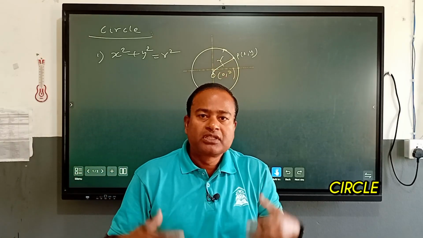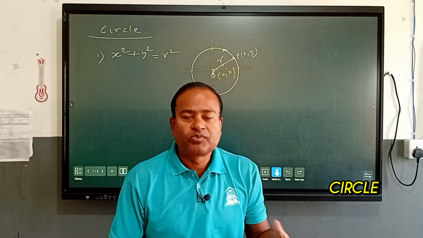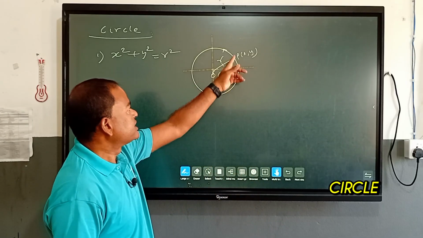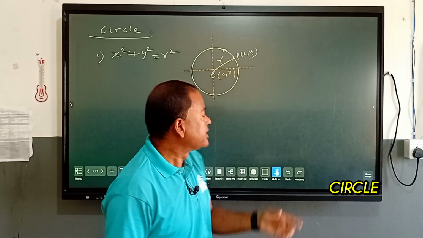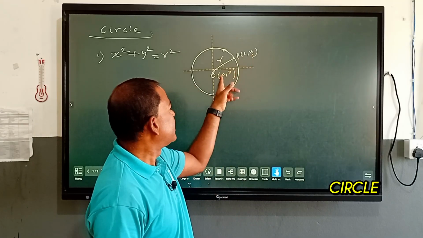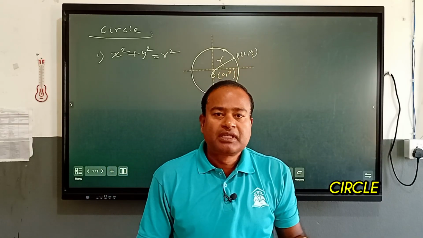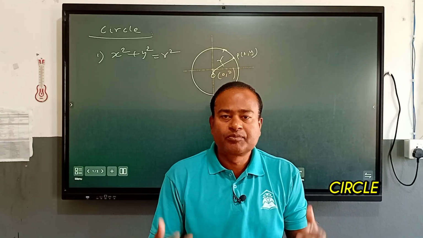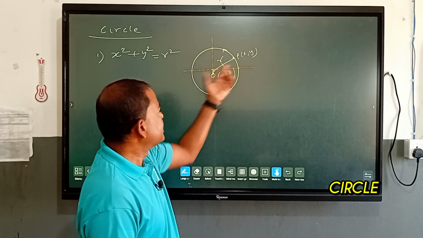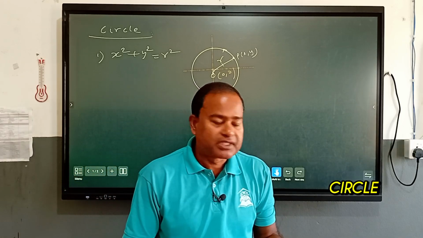We can easily derive it by using the distance formula. If we take the distance between the point (x, y) and (0, 0) and apply the formula of the distance between any 2 points, then easily we can find the equation of circle.